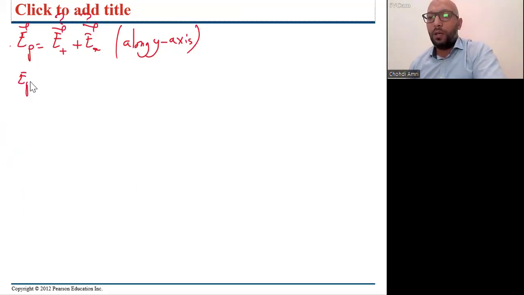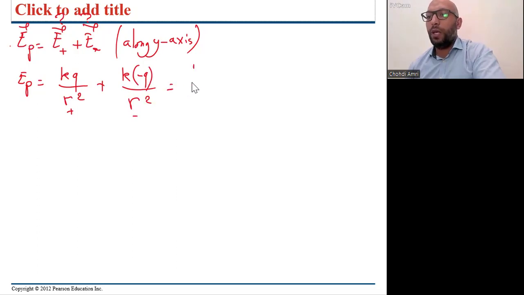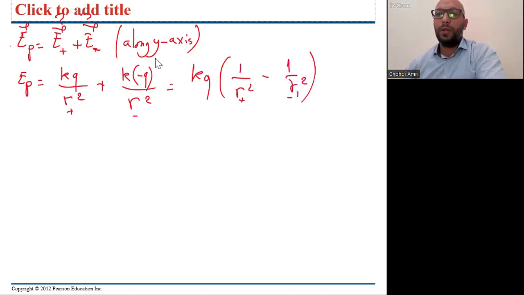So let's write EP equals, for the first vector, KQ over R plus squared, plus K minus Q over R minus squared. So it will be KQ factor of 1 over R plus squared minus 1 over R minus squared.